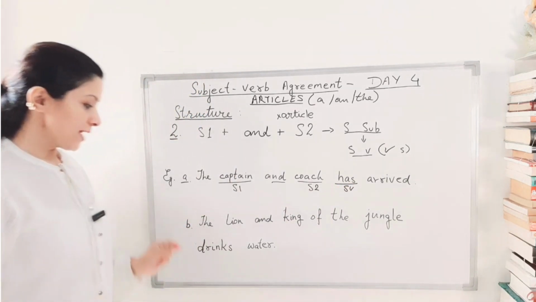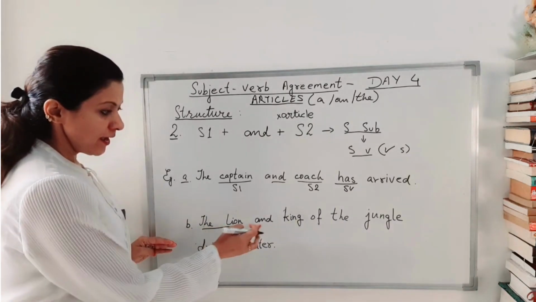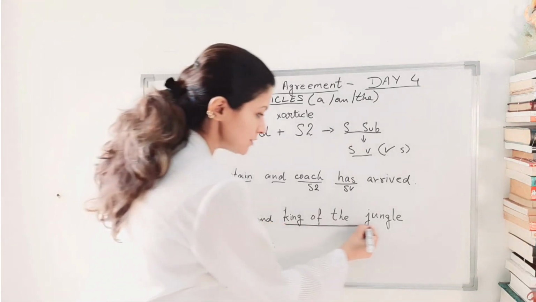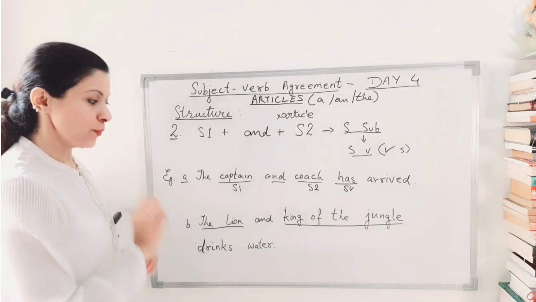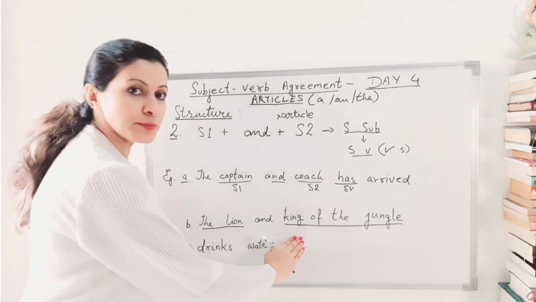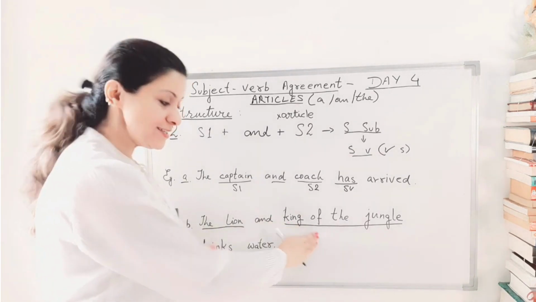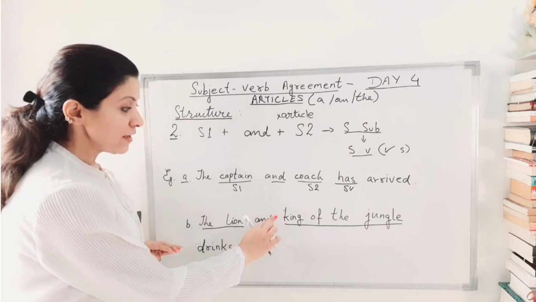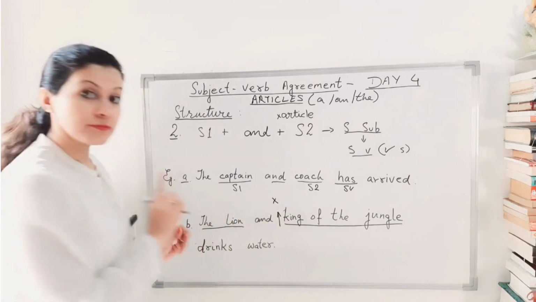Okay, let's look at the second example here. The lion and king of the jungle. Do we have an article here? No, which means we are talking about the same animal. The lion is also the king of the jungle, right? So, after and, we will not use any article, never.